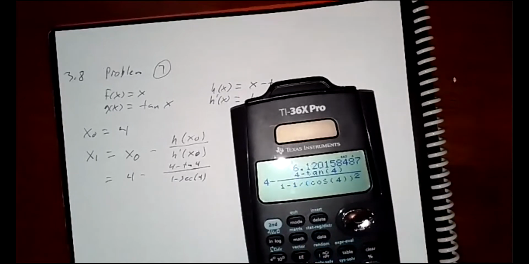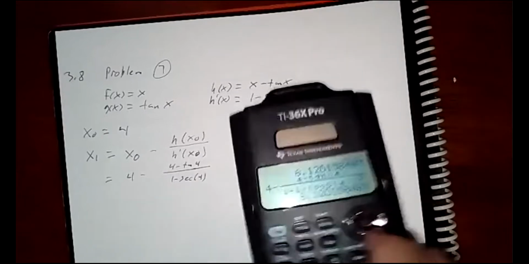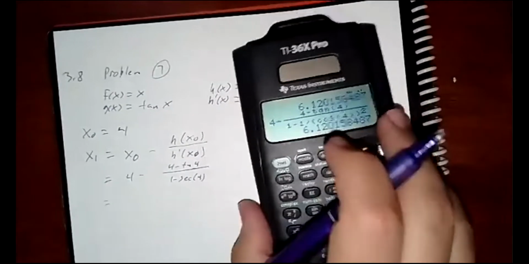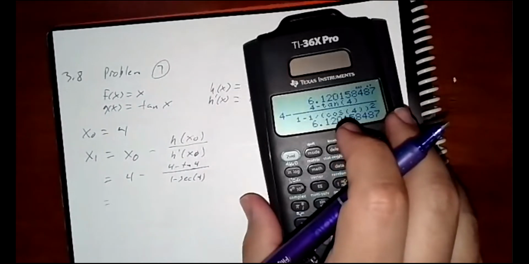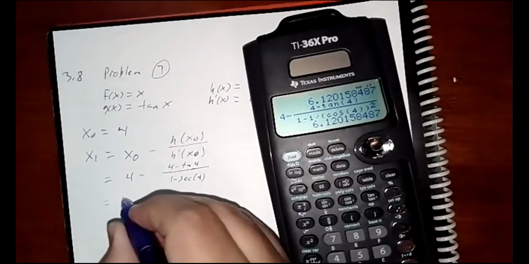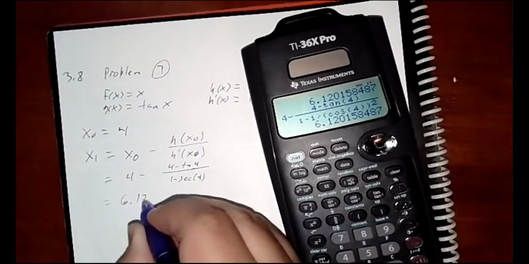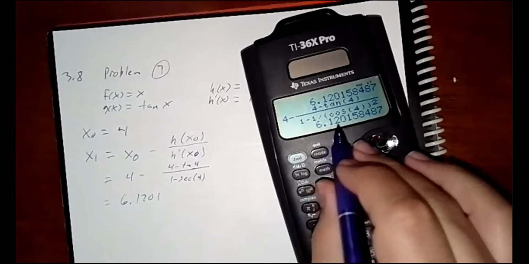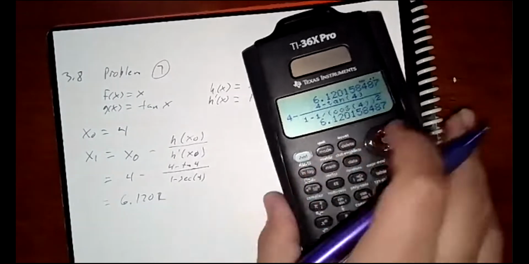Yeah, looks like we're right. So for x1 we get, around 4 decimal places, 6.1201. I guess that would be 2. Then I'll do it again.